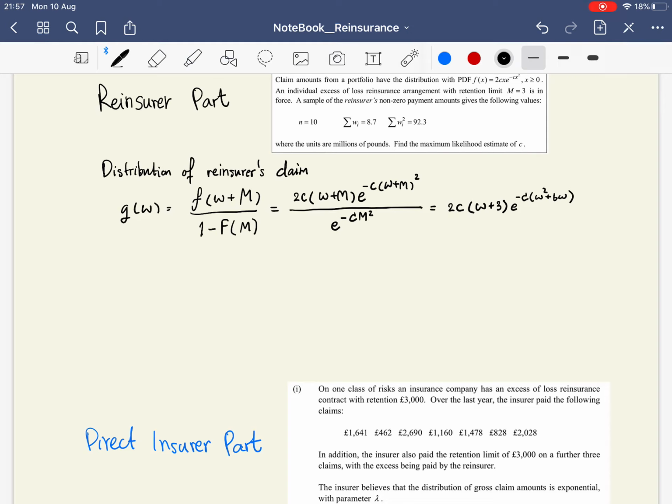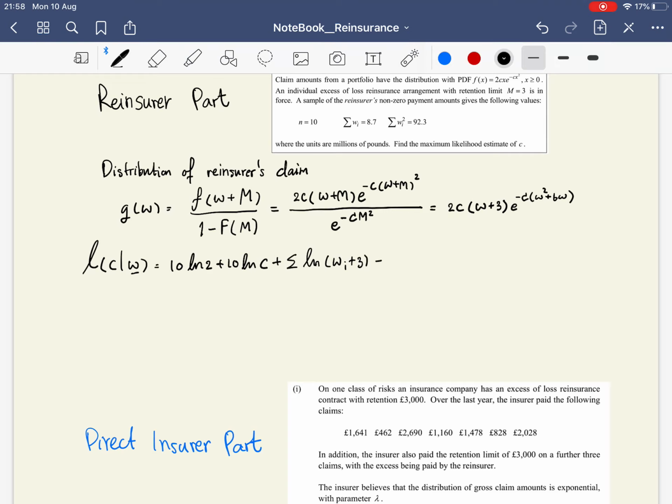Okay, so let's do the maximum likelihood. L here is the log of the likelihood function, which is, we have 10 claims, so it's 10 log 2 plus 10 log C plus the sum of log(wi plus 3), right?